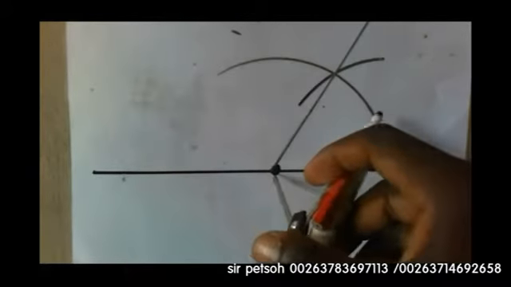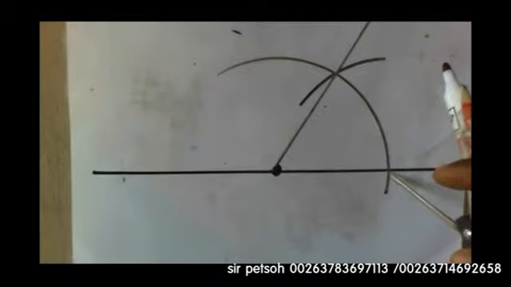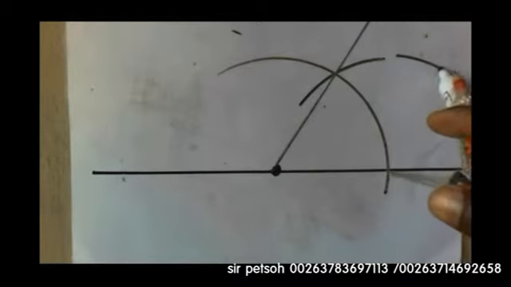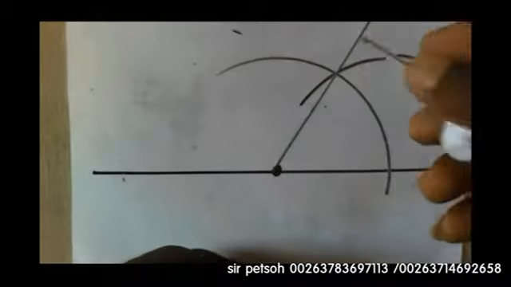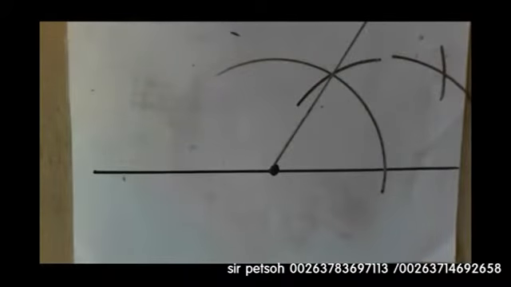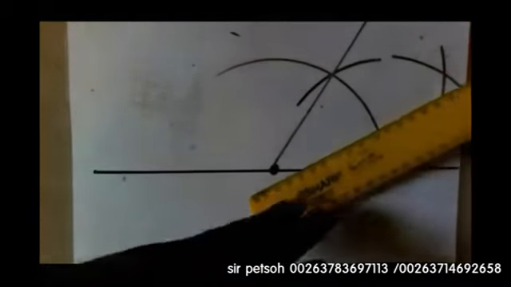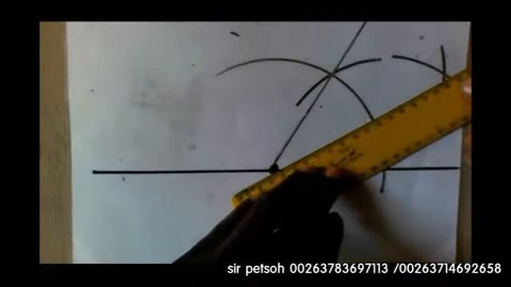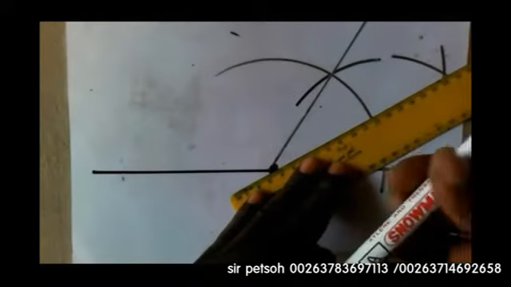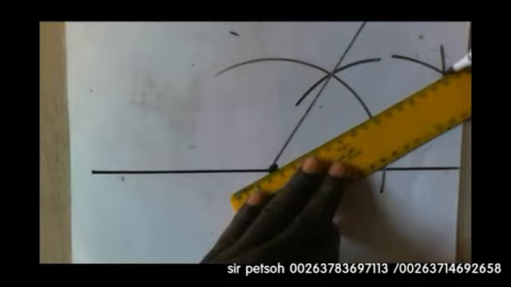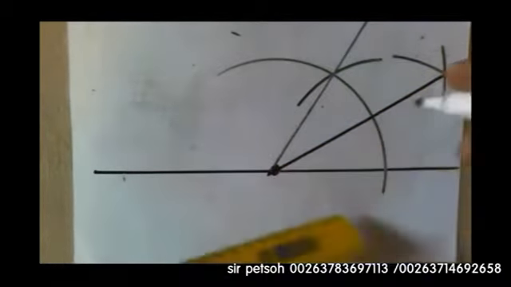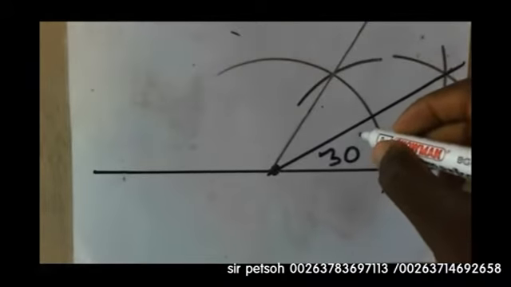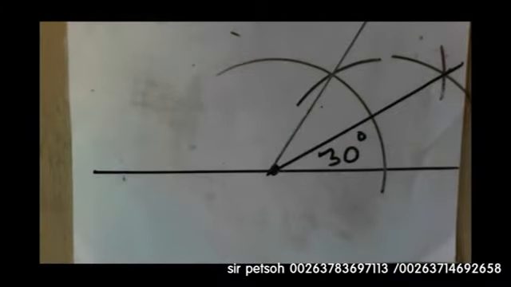Come to this point and draw the first arc, come to the second point and draw the second arc to intersect with the first one, and join these 2 points to come up with your angle bisector. The required angle is this one, which is 30 degrees to the right side.